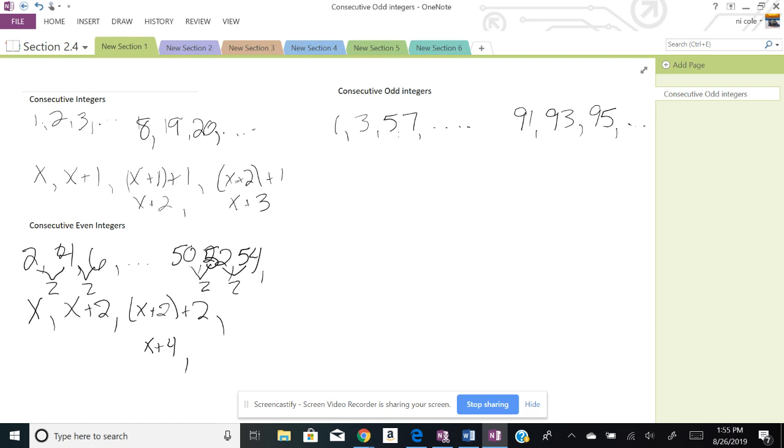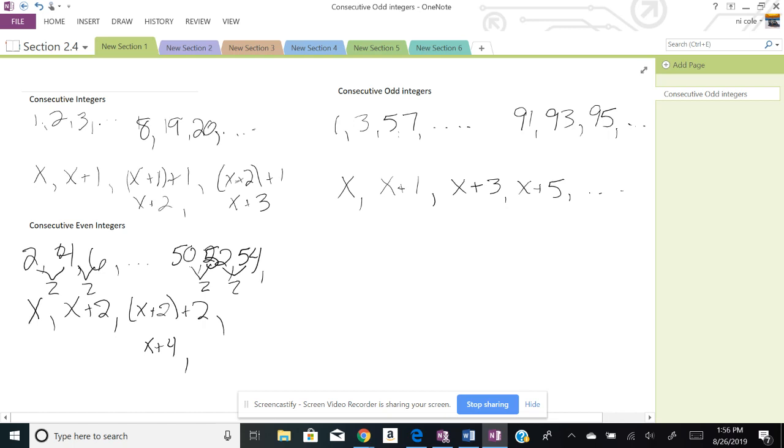But here, again, I am going to be told I don't know what the first digit is. So that's going to be x. Okay? And the second one, well, because this is odd, surely it's going to be x plus 1, and x plus 3, and x plus 5, and so on and so forth.